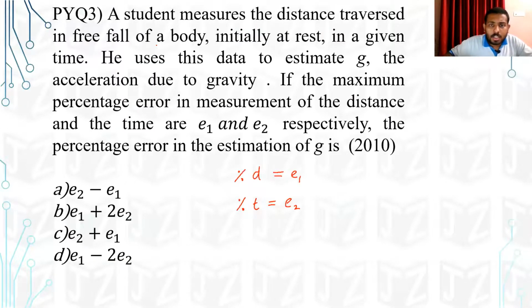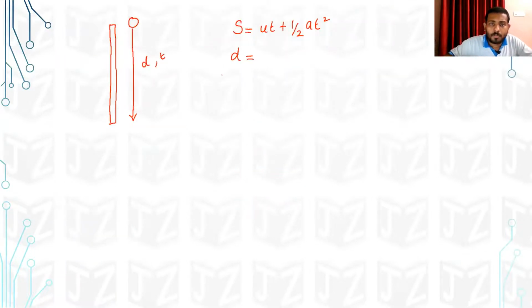You know the equation of motion is s is equal to ut plus half at square. Here the distance the body fell is d. And the body is initially at rest, right? The body is initially at rest, so we can take the initial velocity u as 0.